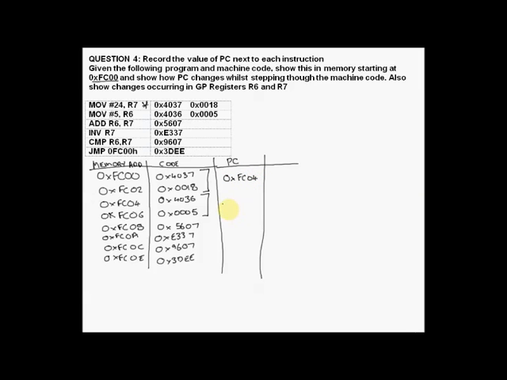When we're executing that instruction, point to the next instruction, FC08, and now we only jump up by 2, FC0A, 0xFC0C, 0xFC0E, and in this case we're actually jumping back to the start again. So rather than being the next instruction sequentially, we're going to be jumping back to FC00.